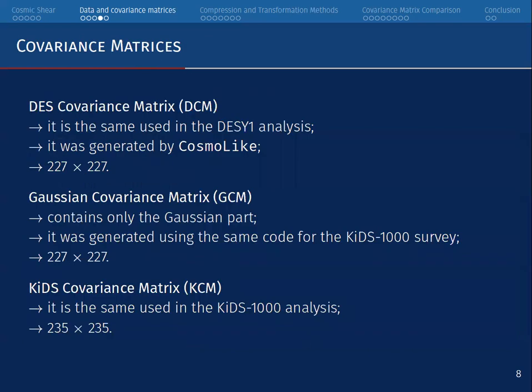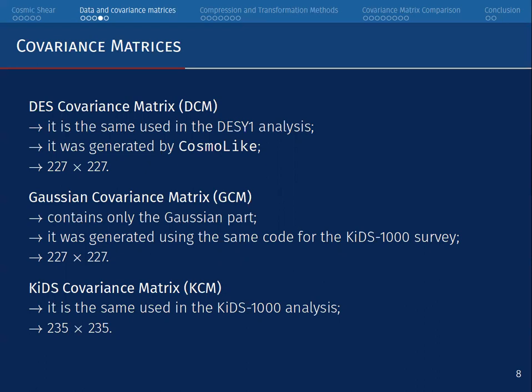We use three covariance matrices for this analysis. The first is the DES one, which was generated by a code called CosmoLike. The Gaussian covariance one is obtained for a DES-like survey, and differs from the original DES one in two ways. The code used to generate this covariance was not CosmoLike, but rather the one that the KiDS collaboration used for their covariances. We also only take the Gaussian part of the covariance matrix.